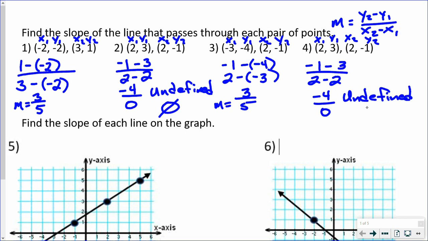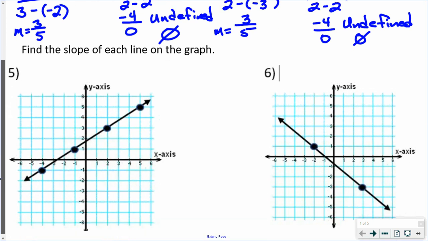So I kind of messed up. I should have put an example in here where the numerator was 0. Problems 2 and 4 are actually the exact same problem. I meant to switch these around, and I have to fix that. If 0 is in the numerator, then the slope is 0, because 0 divided by anything is 0. If 0 is in the denominator, it's undefined. If 0 is in the numerator, it's 0.